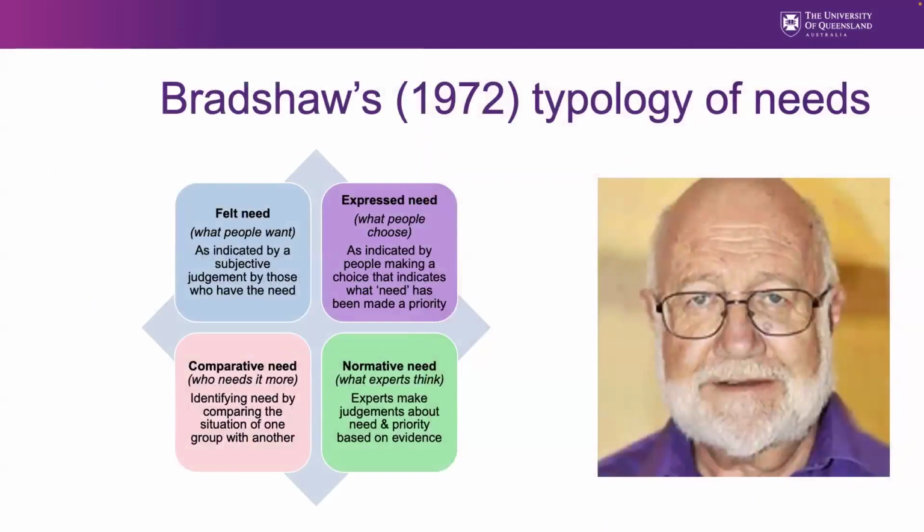Jonathan Bradshaw, who's a very important scholar in social policy, worked with the University of York in the UK. So he categorized 4 different typologies of needs, and we really need to look at those in a bit.